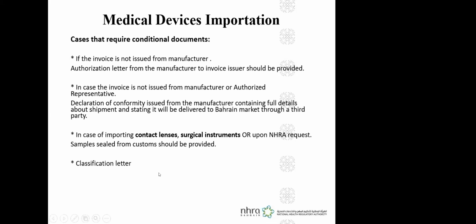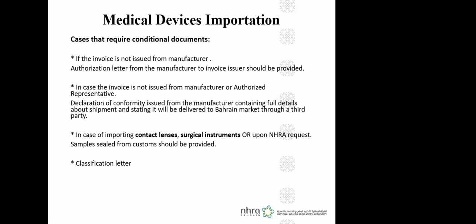In some cases, we will ask for an additional document. For example, if the invoice is not issued by the manufacturer, in this case, you have to provide an authorization letter from the manufacturer to the invoice issuer. In case this invoice issuer is not an authorized distributor, in this case, you have to provide a declaration letter from the manufacturer.